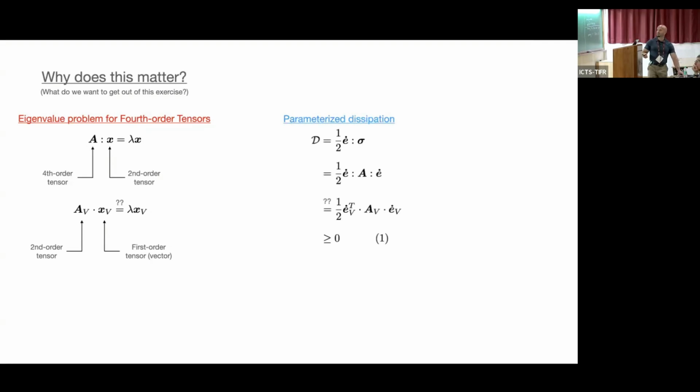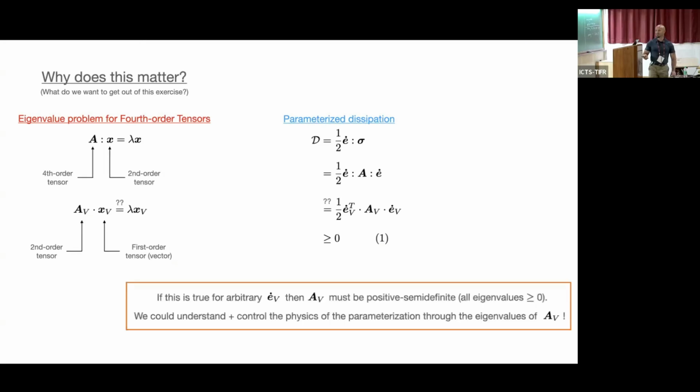The dissipation, so this is a strict identity. The dissipation is given by this object. When we unroll, when we write this whole nasty thing out in terms of second order matrices and vectors, the question is, does this identity still hold? Because if it did, if you look at this condition, so you've got vector, matrix, vector, forcing it to be greater than or equal to 0, that is the definition of being positive semi-definite, which is sort of a well-known linear algebra topic, or at least idea.